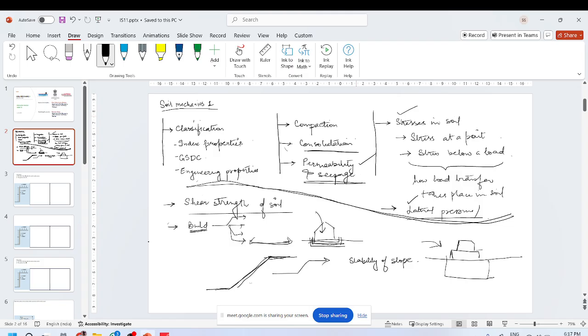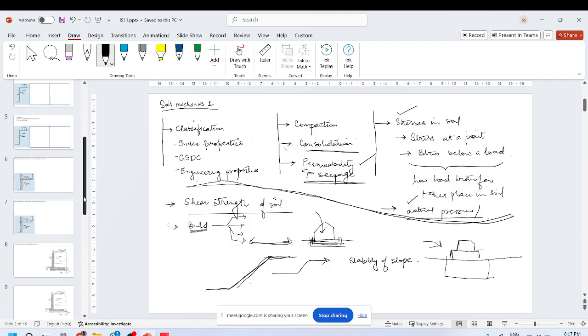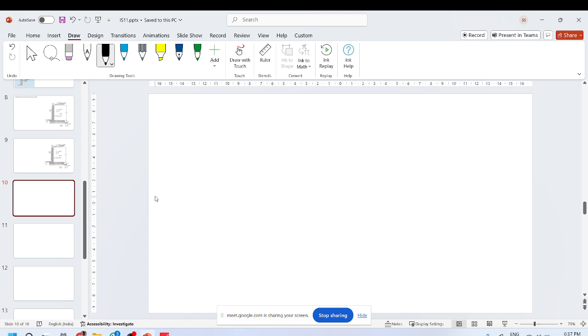Because sometimes what we need to do is create some slopes. Let me say, for example, you have a mountainous track and you want to build a road somewhere here, and you need to do this kind of construction.